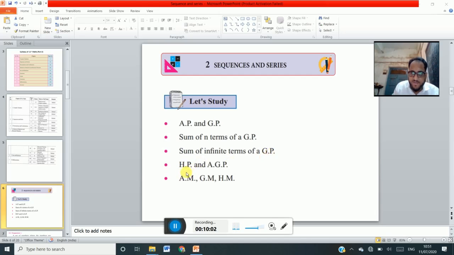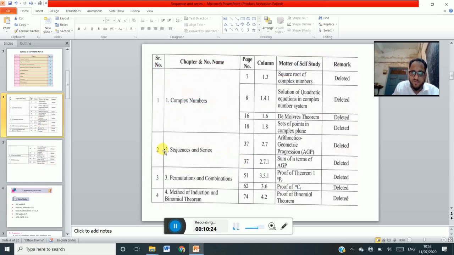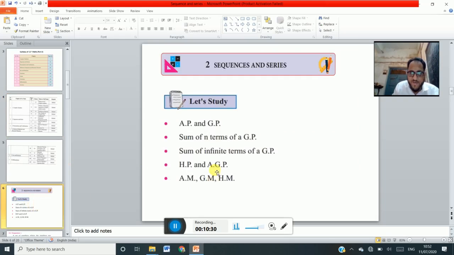Then HP, harmonic progression, and AGP, arithmetico-geometric progression. Then AM, arithmetic mean, GM, geometric mean, and HM is harmonic mean, right? So as we see here in the deleted part, in this chapter, arithmetico-geometric progression and sum of the n terms of AGP, this part is deleted.